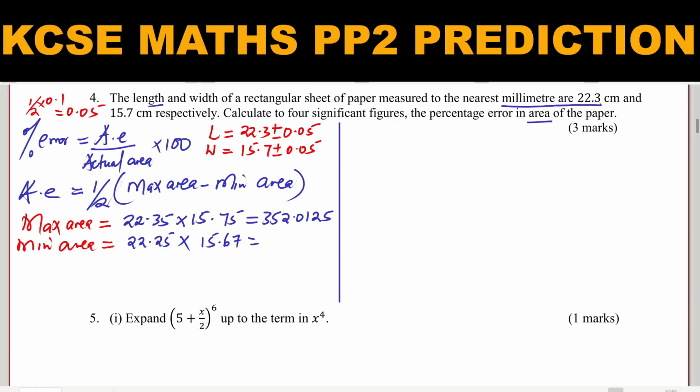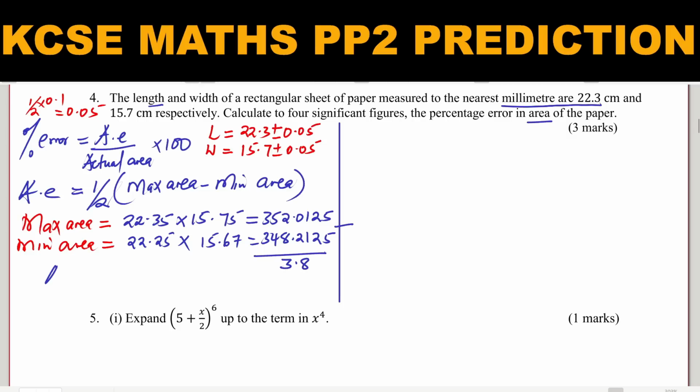And when you multiply, you get 348.2125. So we can now subtract the maximum area minus the minimum area, and when you subtract these, you realize it will give 3.8.